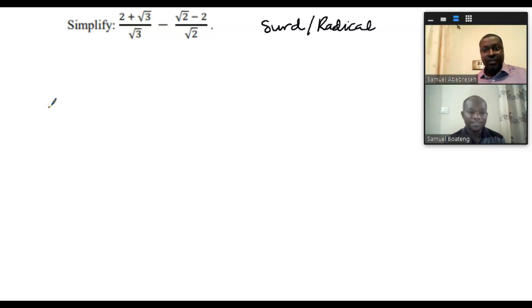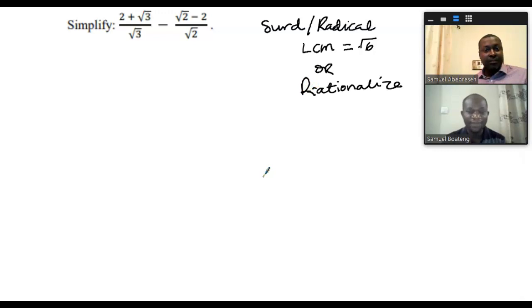But this particular question, there are 2 ways of doing it. One, you can find the LCM of the 2 fractions. Or you can rationalize each of the fractions separately.